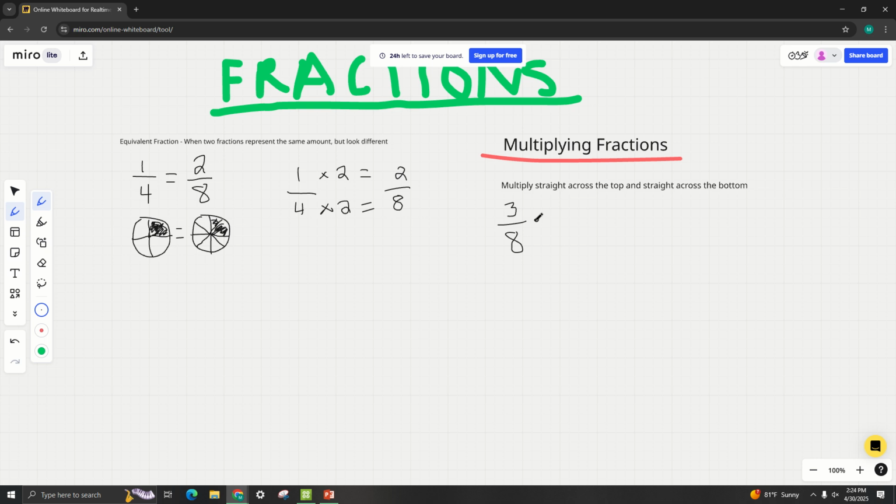multiplied. Remember, I like to use my dot, but we could see multiplication as an X, as an asterisk, or even with parentheses. So we could have a fraction outside the parentheses and another fraction inside the parentheses. Or we can even see both of them in their own parentheses, like this.